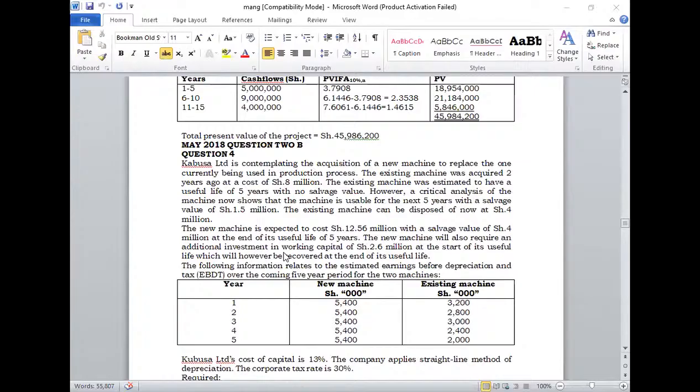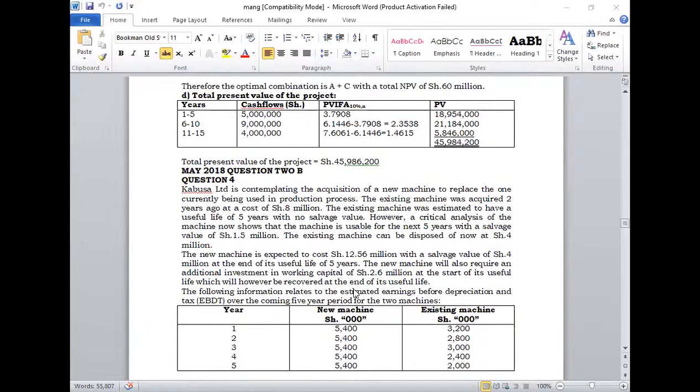The new machine will also require an additional investment in working capital, and that is why I chose this question. The working capital of 2.6 million at the start of its useful life will, however, be recovered at the end of its useful life.